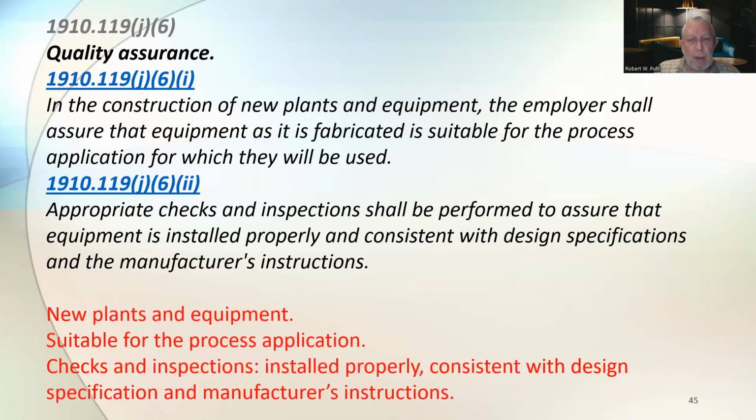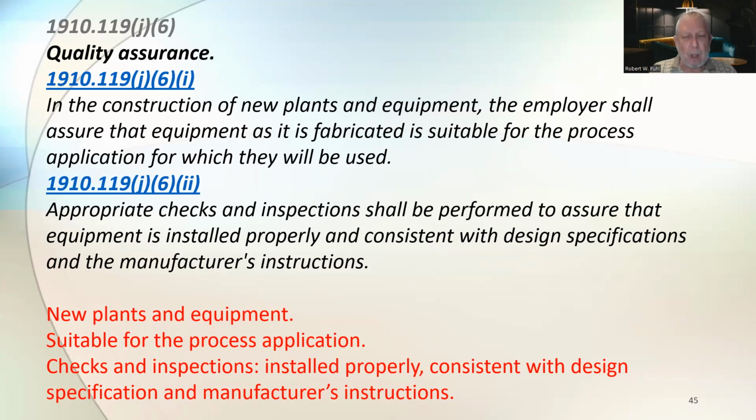In the construction of new plants and equipment, the employer shall assure that equipment as it is fabricated is suitable for the process application for which it will be used. Appropriate checks and inspections shall be performed to assure that equipment is installed properly and consistent with design specifications and the manufacturer's instructions. So new plants and equipment must be suitable for the process application. And most of the time you're buying it from somebody who's in the business.